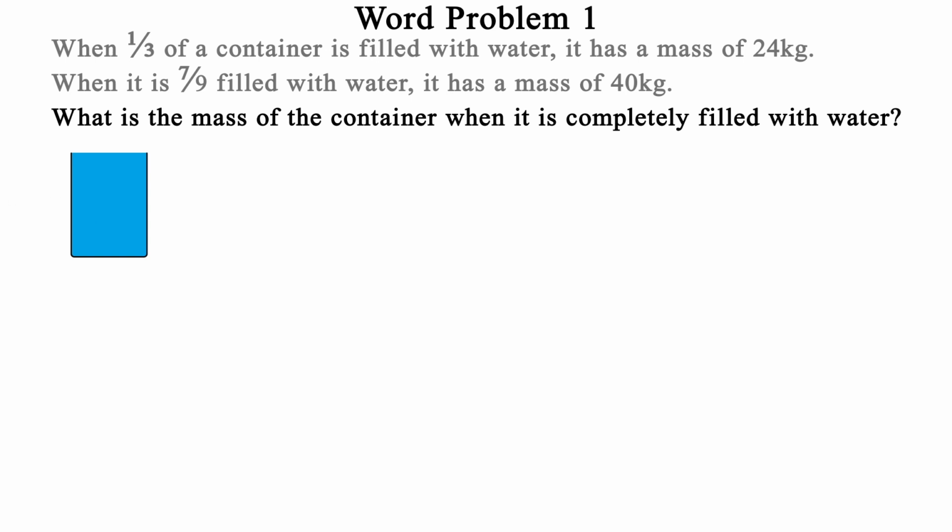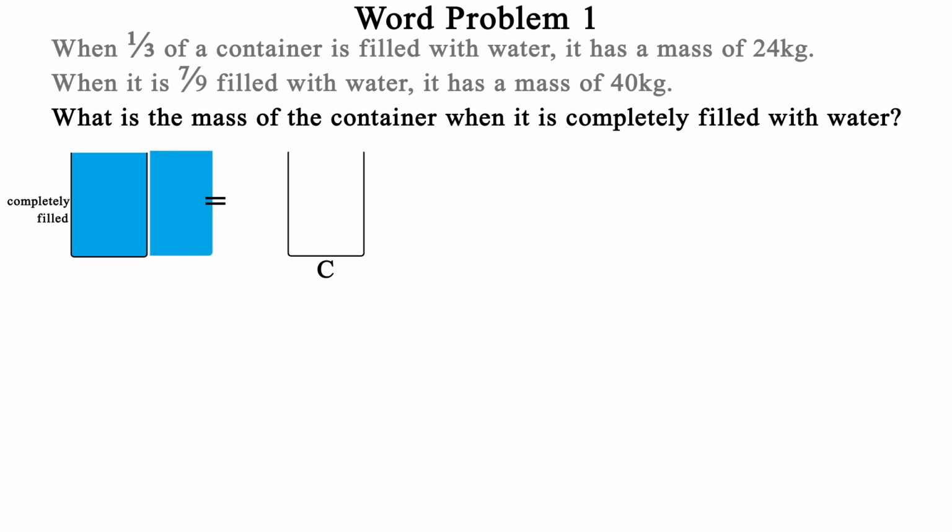So when the container is completely filled with the water, I have got two different masses. One is the mass of the empty container, and let us say that mass is C kilogram. I'm putting C because C for container, it makes more sense.